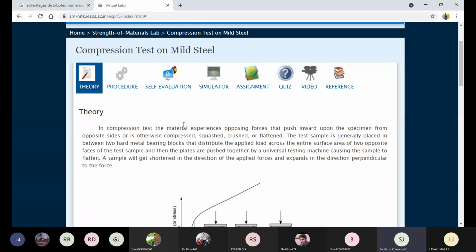Directly I want to ask you about the principle of the load: what kind of load is acting here, what is the principal direction of the loads in compression, and how is it different from the tensile? You know tensile, what kind of loads are we applying in the tensile test? What is the load phenomenon in the tensile test?